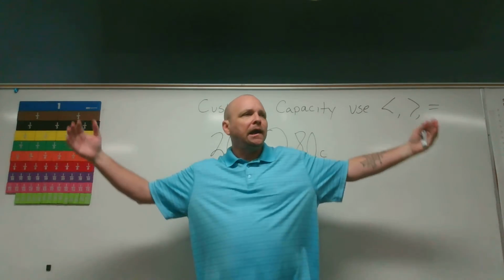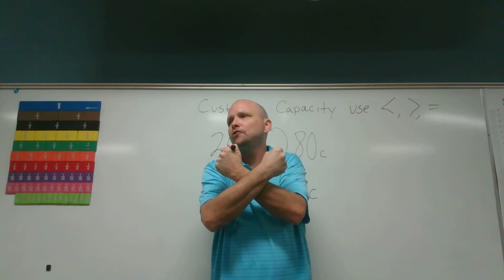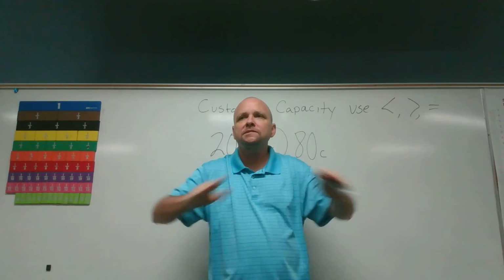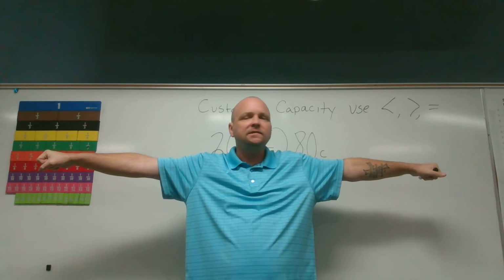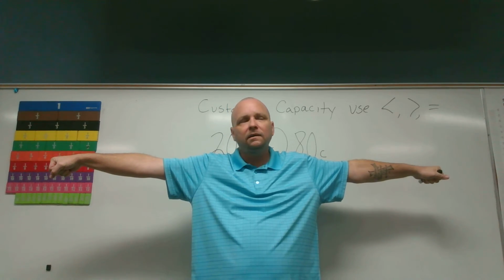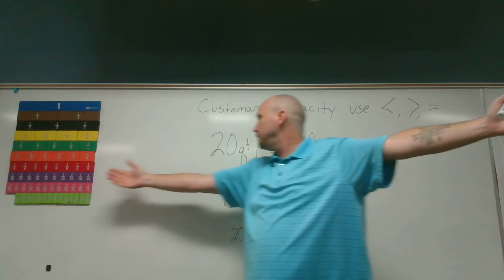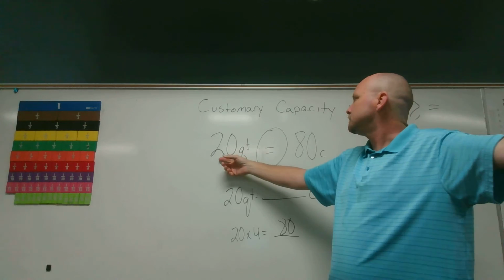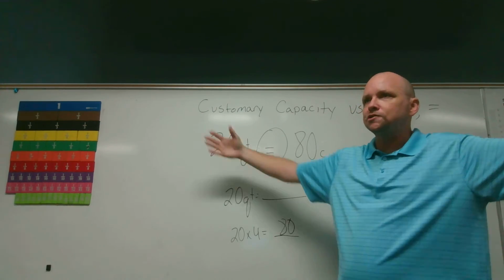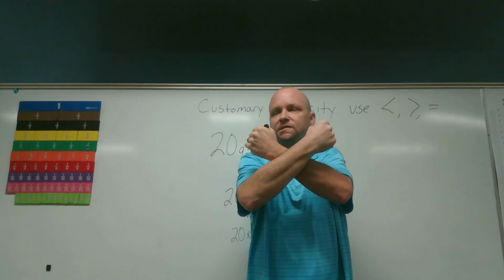Remember, a bigger size to a smaller size is multiply. Smaller size to a bigger size is divide. Like we did here, we're going 20 quarts. Quarts are bigger than cups.